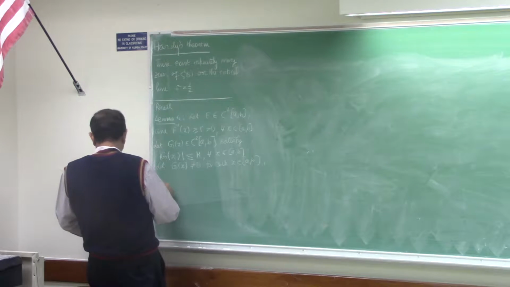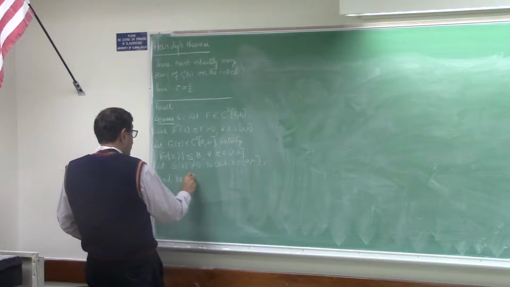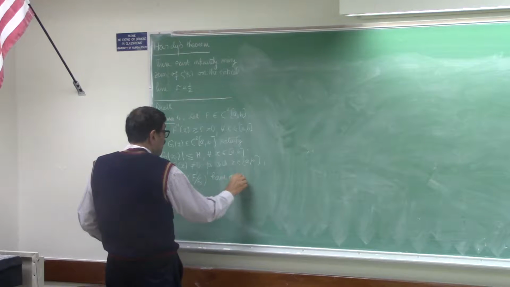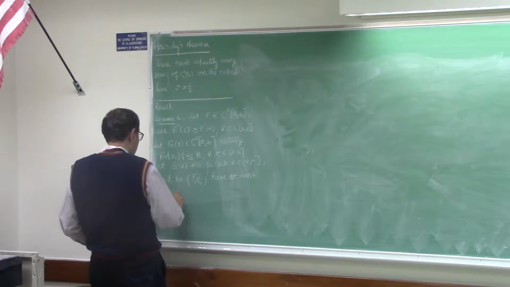And let f prime divided by G prime have at most q zeros, q distinct zeros.